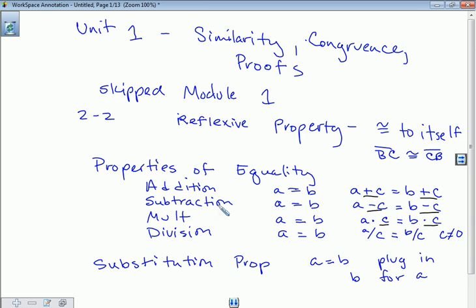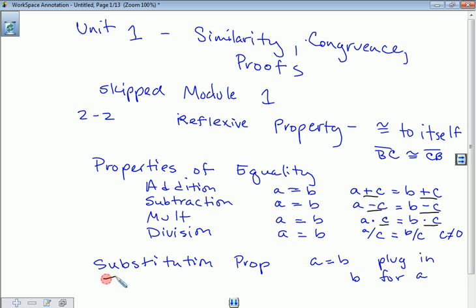Those were some of the big ones from that section. It also talks about the substitution property. If we have two quantities that are equal, we could take one and plug it in for the other. That's all the substitution property tells us. We also looked at the transitive property. We didn't use that one as much. Let me write that down.